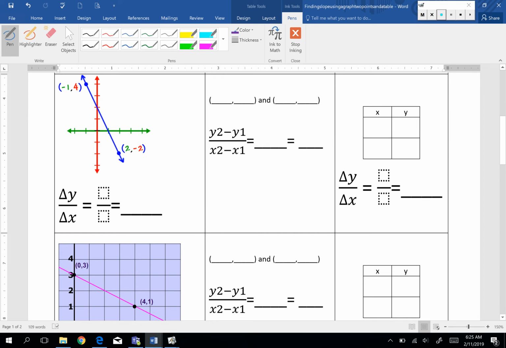All right, the second line, hopefully you had a chance to try it out. You could start at either point you want. I'm going to start at the top point. And I need to go down 1, 2, 3, 4, 5, 6 boxes. Down 6. And then I go to the right 1, 2, 3 boxes.